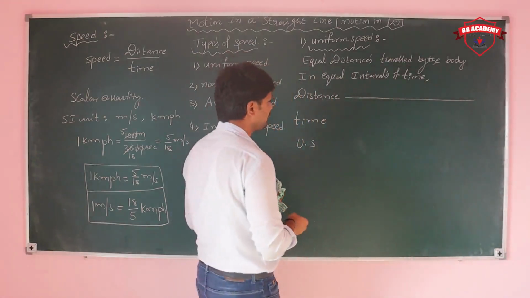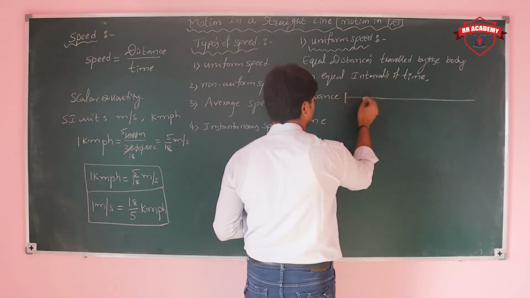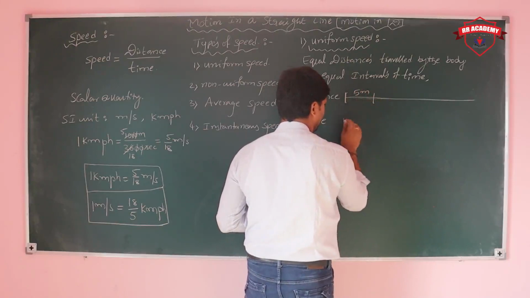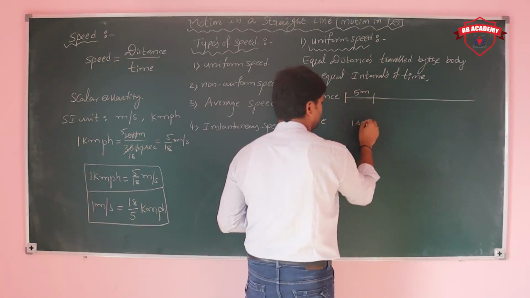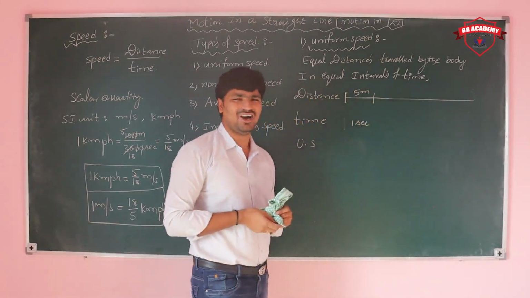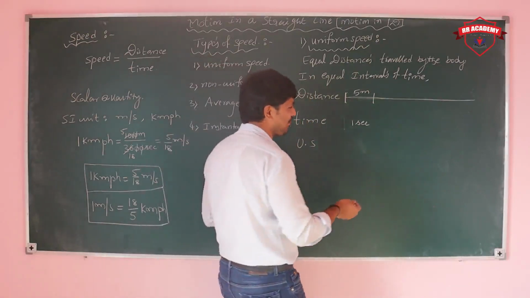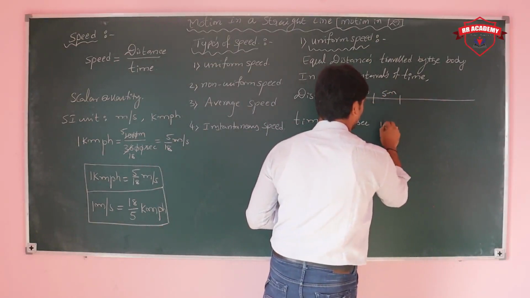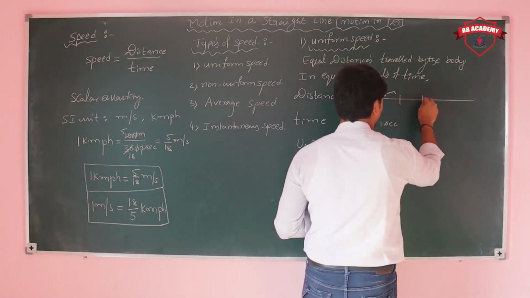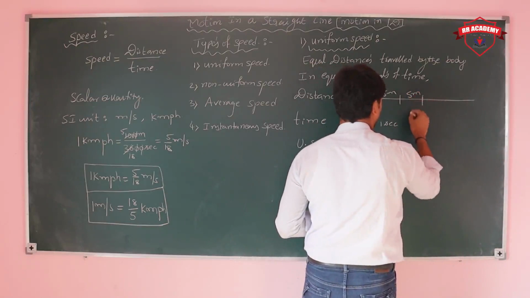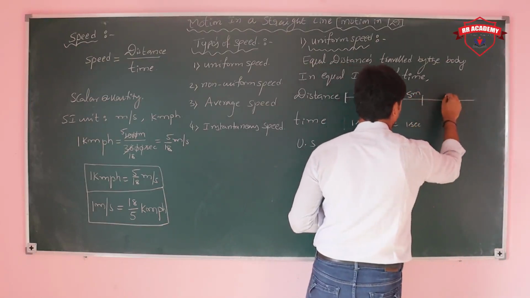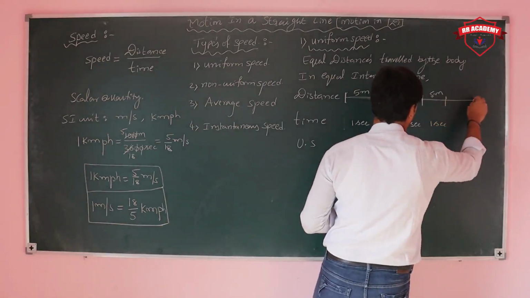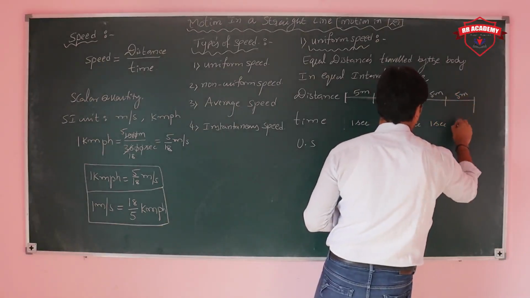He travels the first 5 meters of distance in 1 second of time. Next 5 meters, another 1 second. Next 5 meters, again 1 second. Next 5 meters, 1 second.